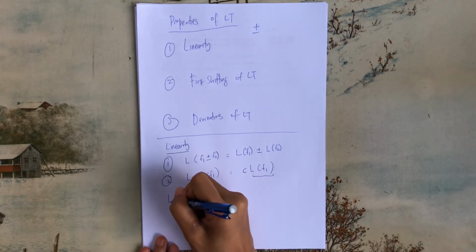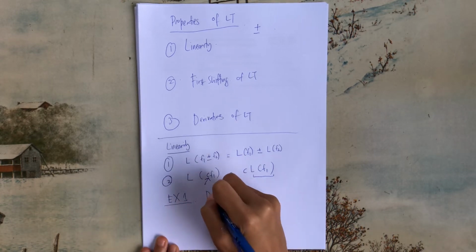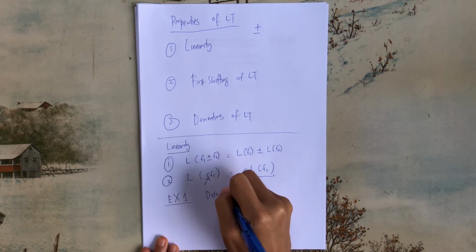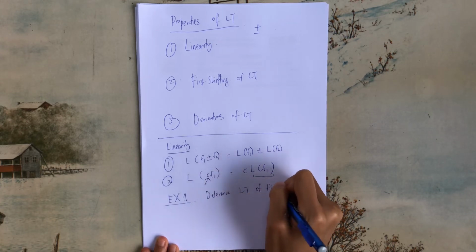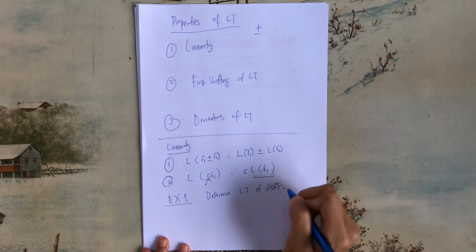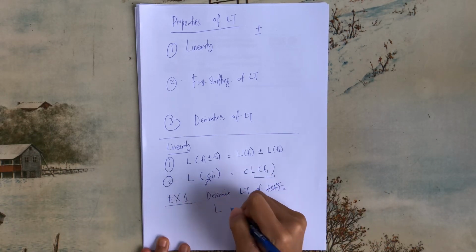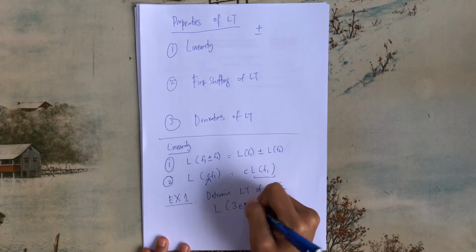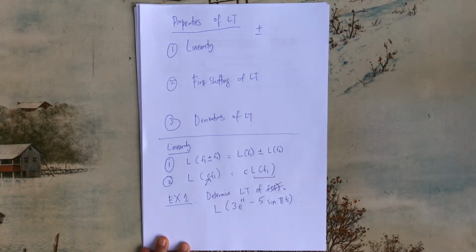For example, the question asks you to determine the Laplace transform of f(t) equal to 3e^(8t) minus 5 sin(pi t).